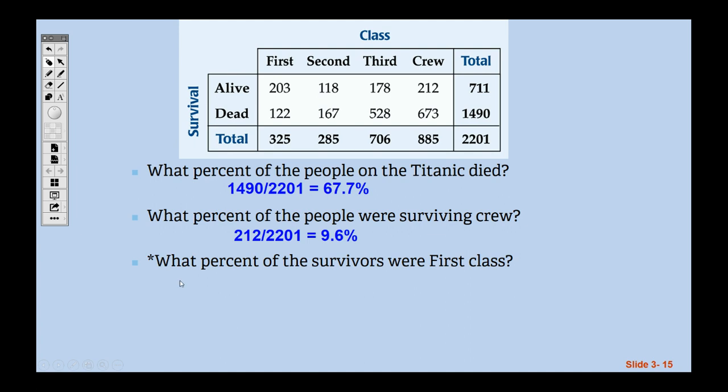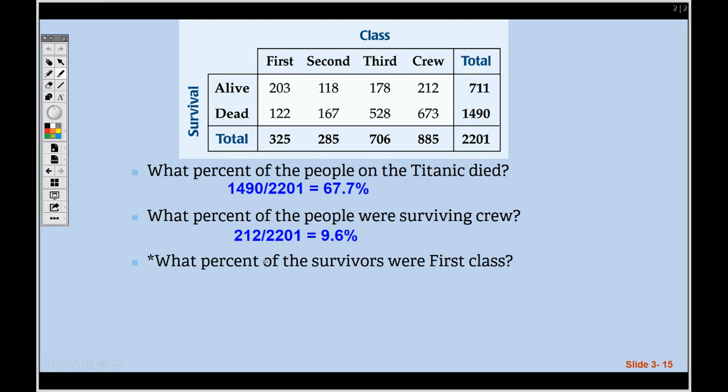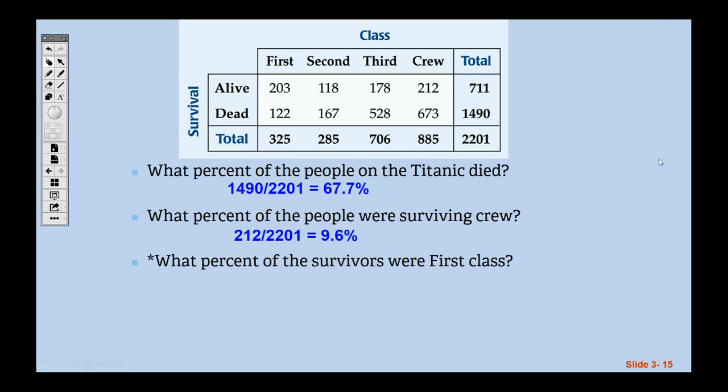Now here is a little asterisk to point out, oh, this is different. We get what percent of the survivors. When we're talking about of the survivors, now it's out of only those that lived. So our denominator goes from of the people to of the survivors, and we have 203 out of 711.